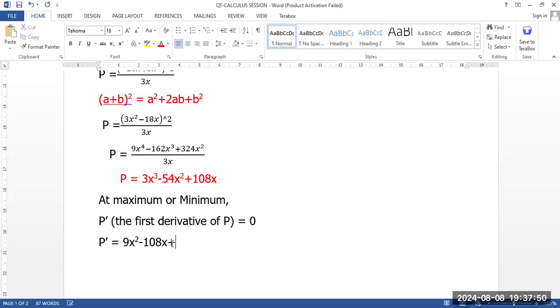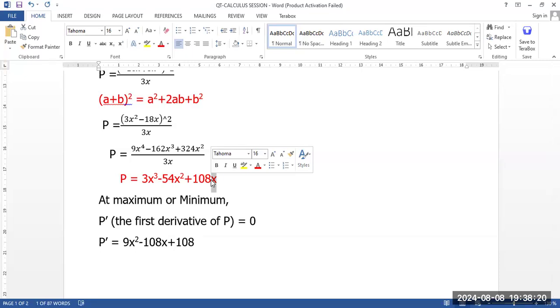Then plus, we want to differentiate this. Here the power you have on the variable is power 1. So 1 times 108, you get 108. If you reduce that power by 1, you'll be left with x power 0.